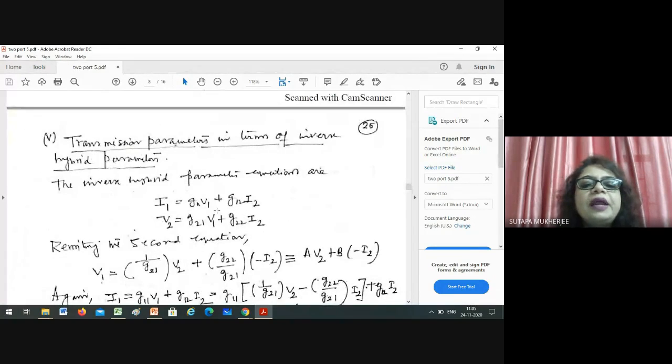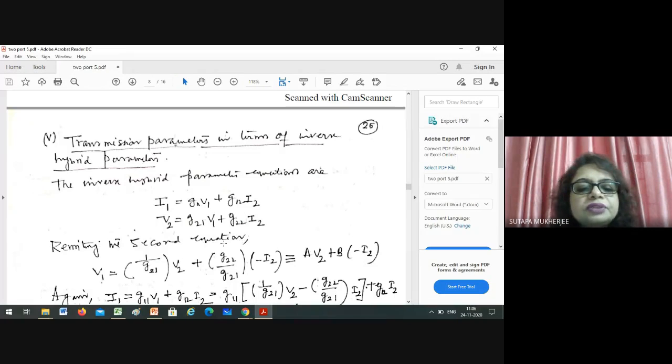Now transmission parameters in terms of inverse hybrid parameters. First of all, you have to know the relation: I1, V2 is a function of V1, I2. So I1 equals G11 V1 plus G12 I2, V2 equals G21 V1 plus G22 I2.